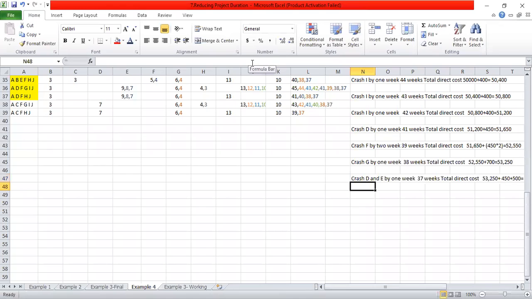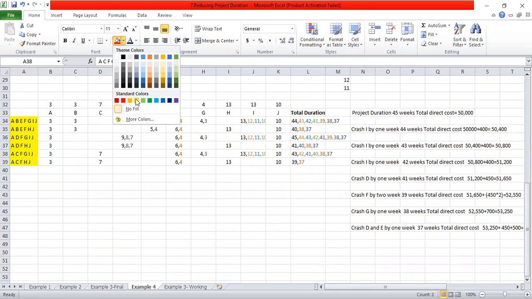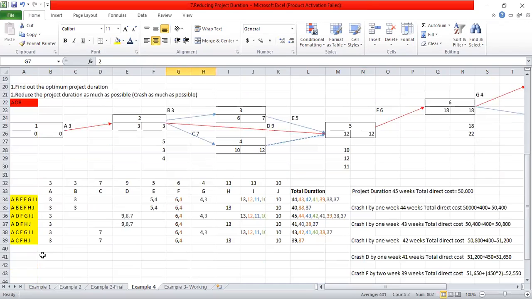Have you all done up to this point? Can you see now all these paths have become critical paths. So A, C, F, G are also now critical. C is also now critical, right? Let's see what activity we can crash now.